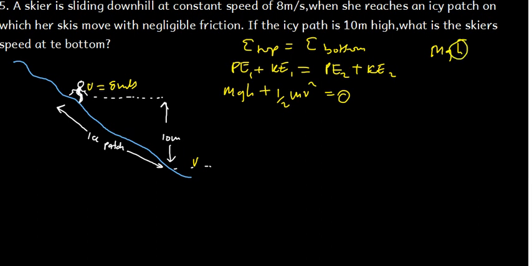When the height is 0, mgh is going to be 0. That's why the potential energy is 0, and the kinetic energy is half mv squared. Notice that the masses are going to cancel out.